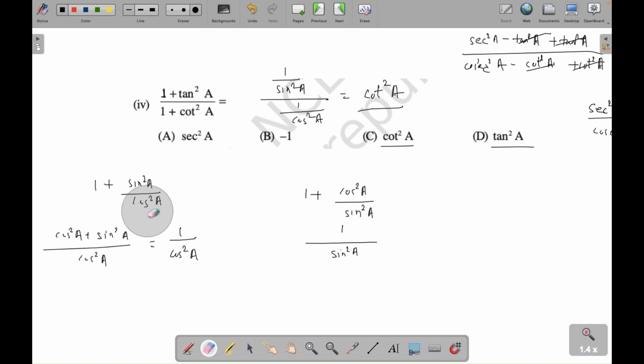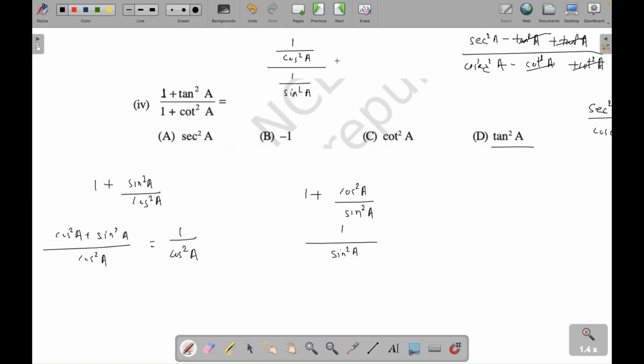See, this one was 1 upon cos square A and denominator was 1 upon sine square A. Right? So this will be, so numerator is 1 upon cos square A, denominator is 1 upon sine square A. So this becomes tan square A and not cot square A. Okay?